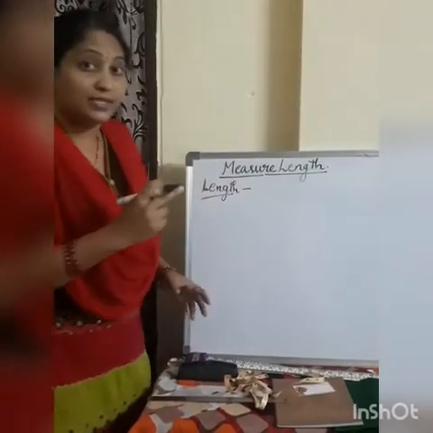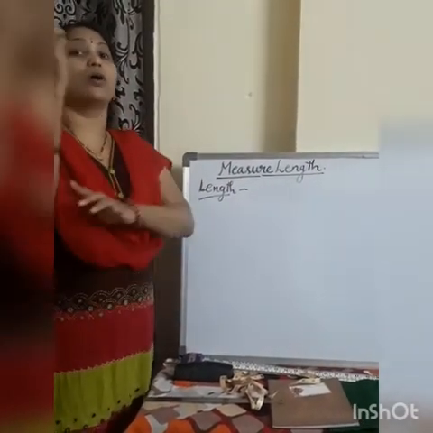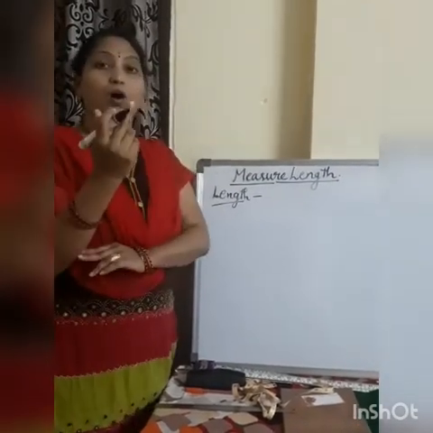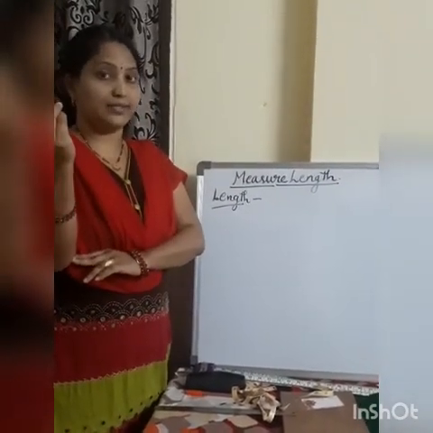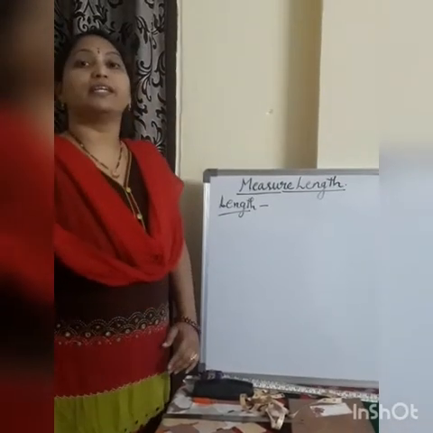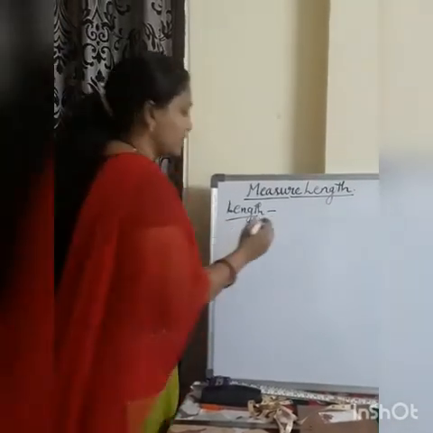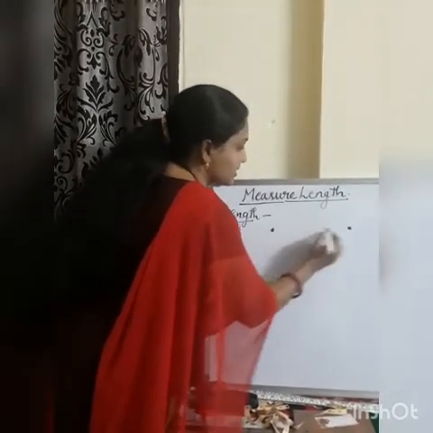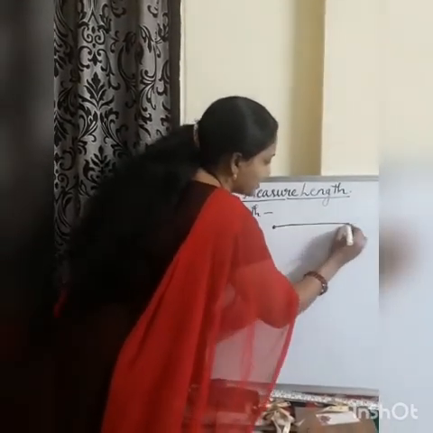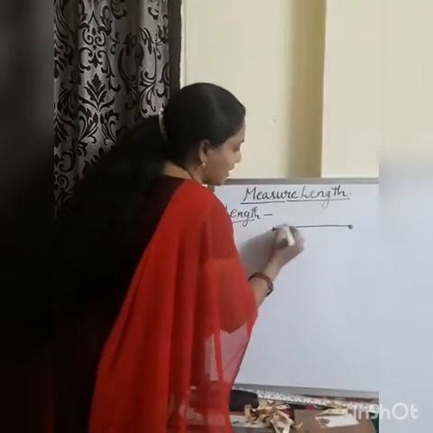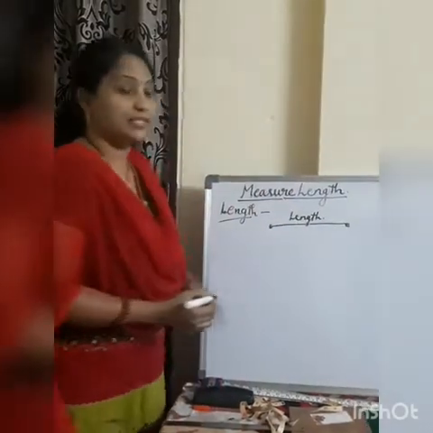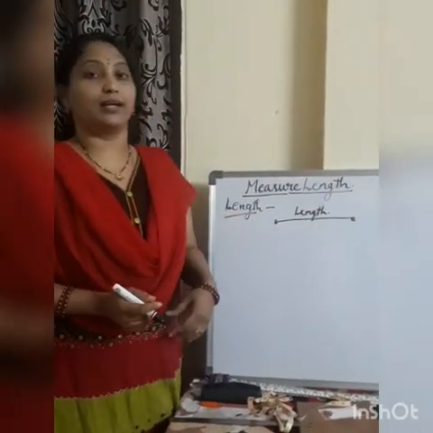Length is a measure of how long an object is, and the distance between the 2 points. The distance between the 2 points is called length.